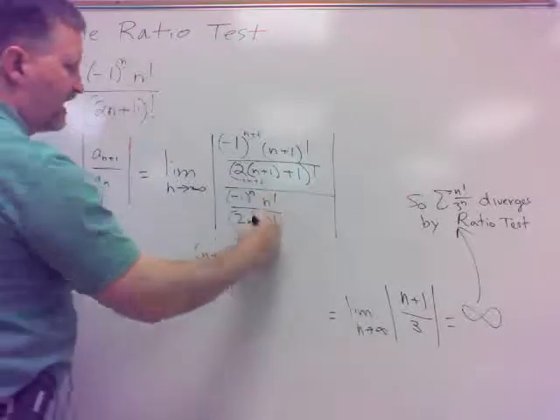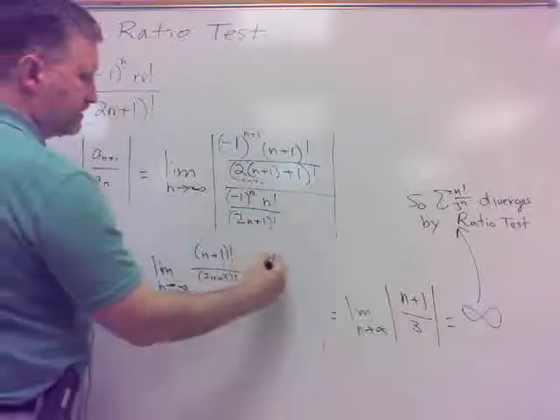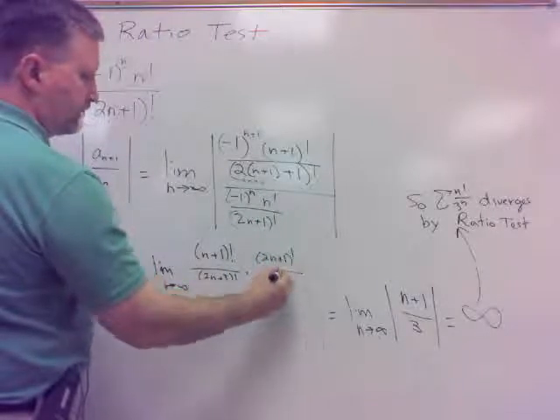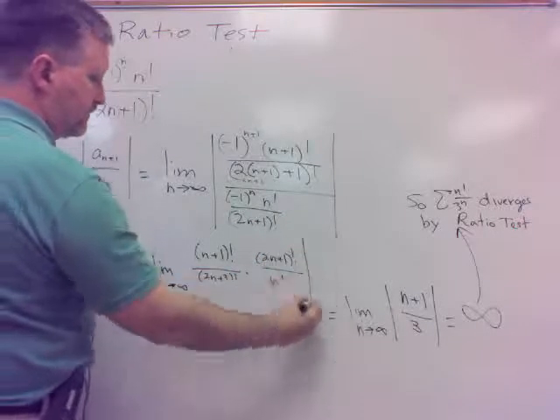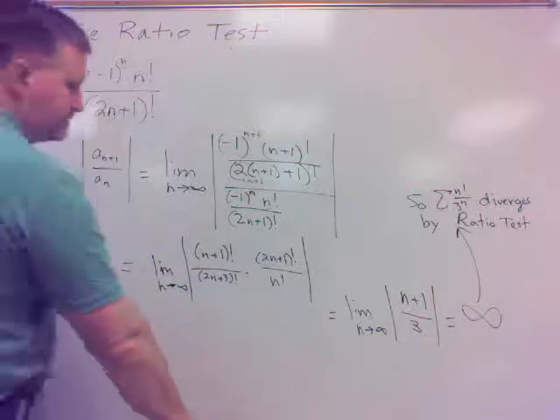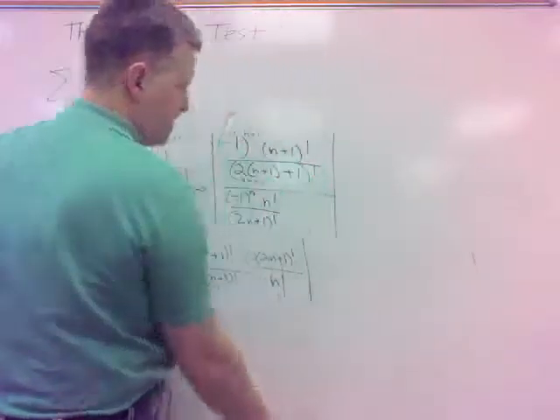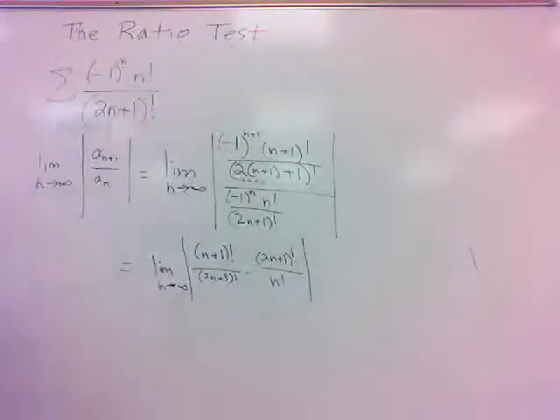And then this divides n factorial, that's just times the reciprocal, (2n plus 1) factorial over n factorial. The absolute value, which you could make the case we don't need now because those are all positive terms, but nonetheless we'll keep it.